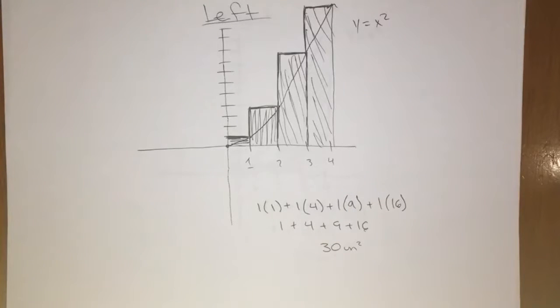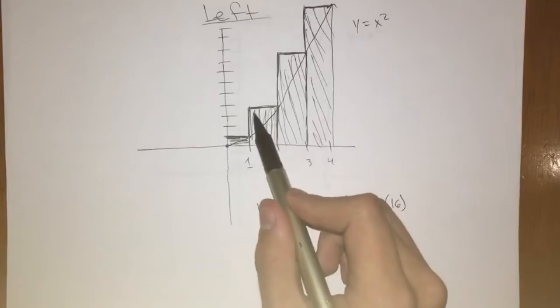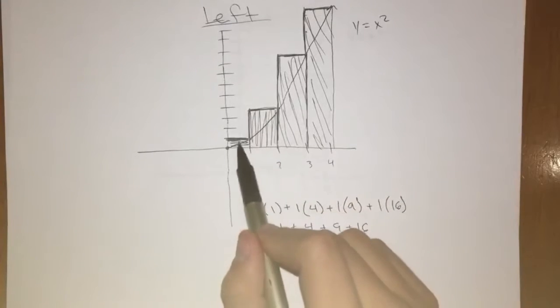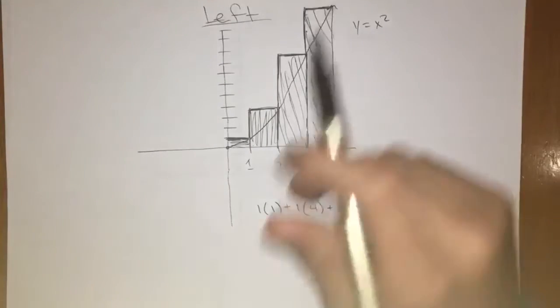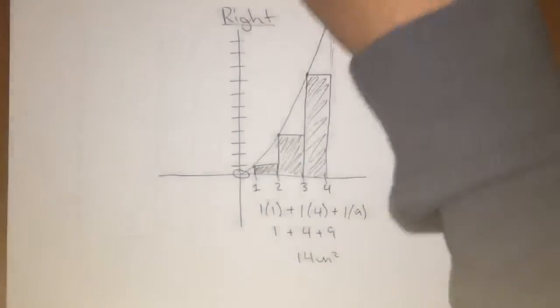Once you add each of those areas up of each of the 4 rectangles, you will then get an approximated area of the curved line. However, since some of the area is over the line, we will get an approximation that is greater than the actual area. Now let's move on to the right method.